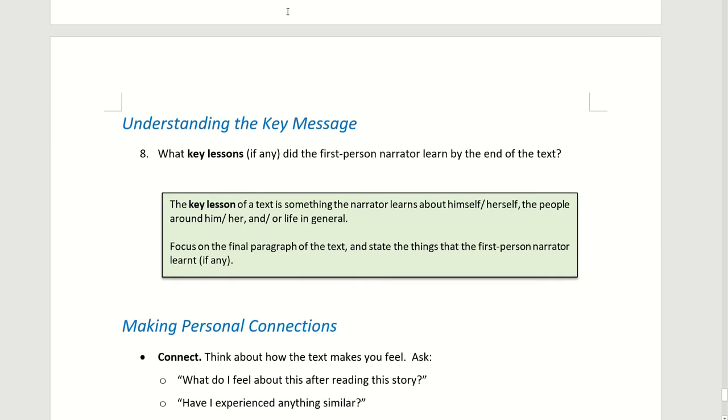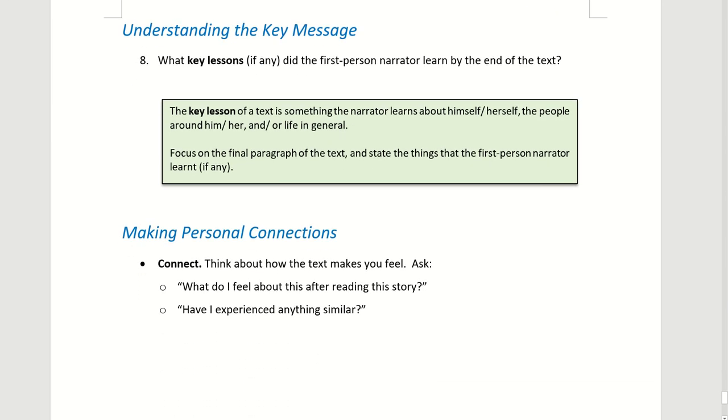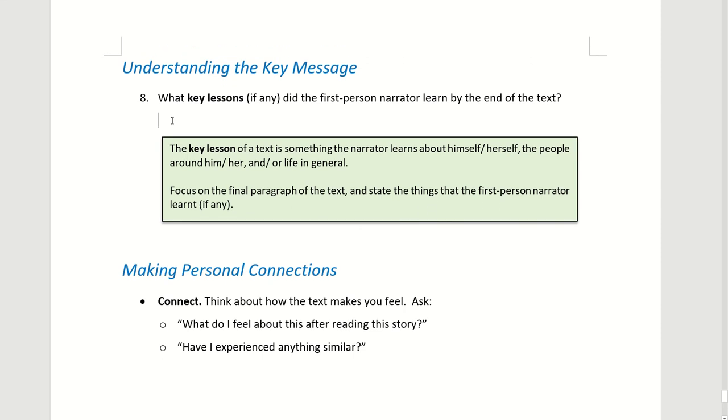Okay. So understanding a key message. What key lessons, if any, did the first person narrator learn by the end of the text? What did she learn? So you need to focus on the final paragraph and state the things that the first person has learned, if any. So what did she learn?